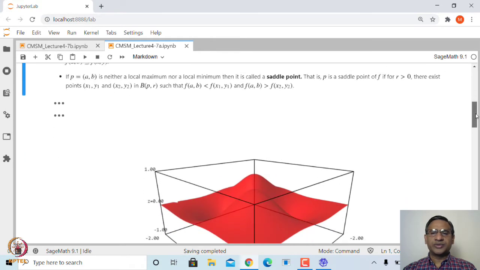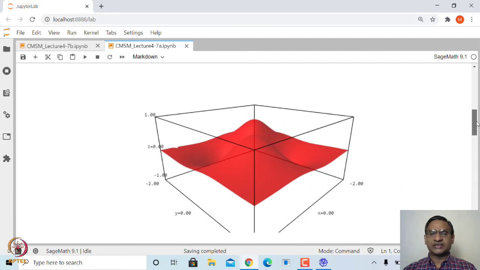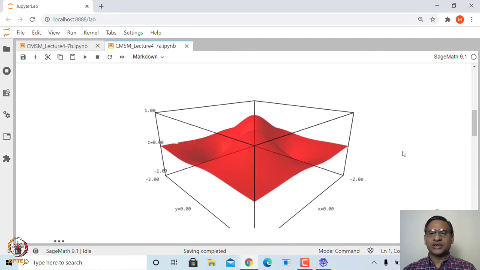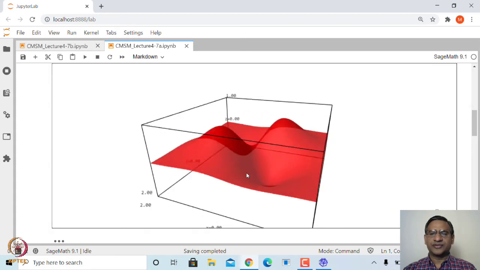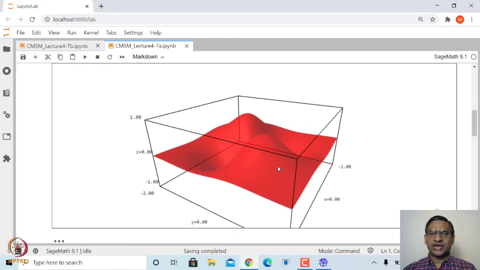Now, before we look at how to find these local maximum and local minimum, first let us look at the graph of a surface. So, this is a surface z is equal to f x y, and if you look at this graph, for example this point and this point are points of local maximum.